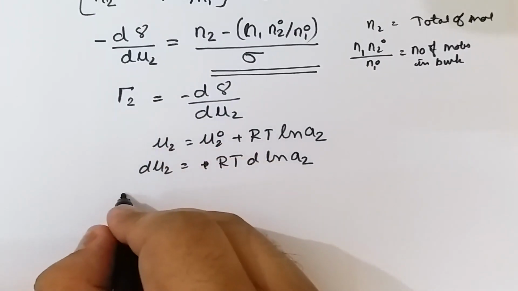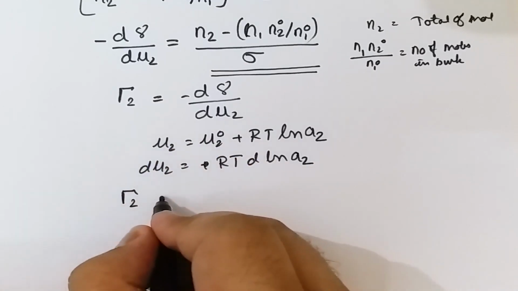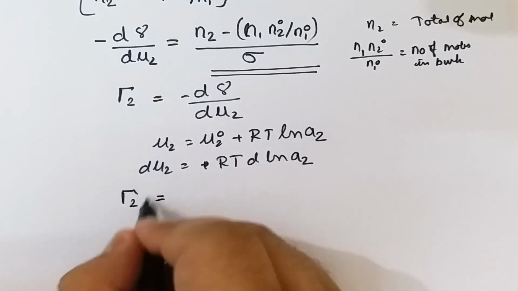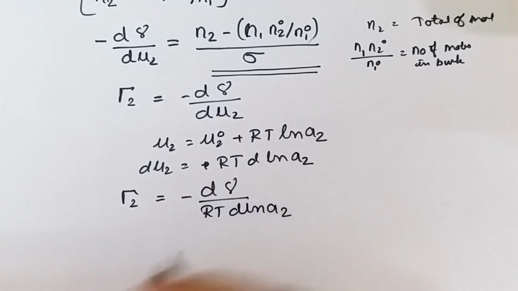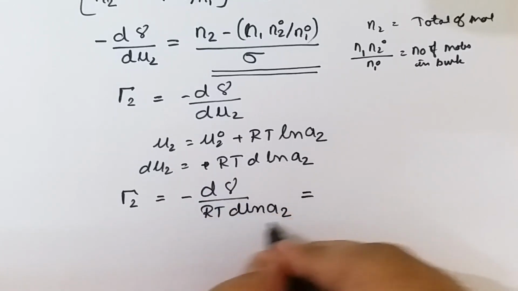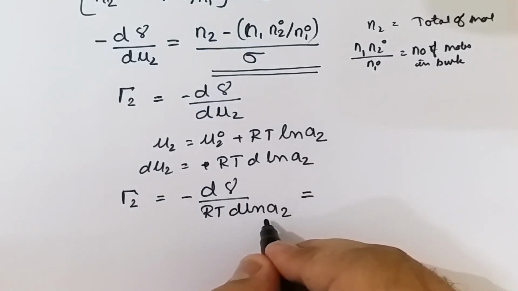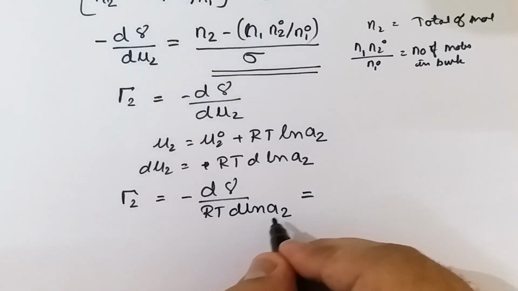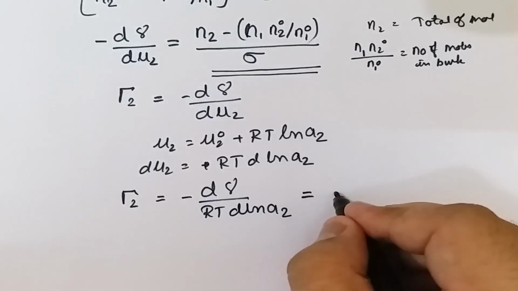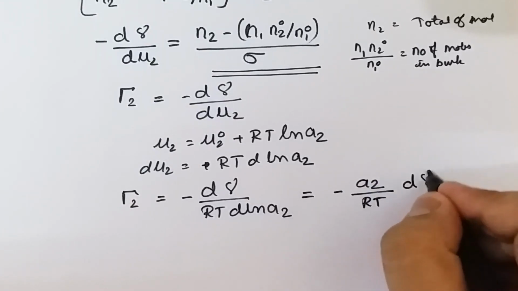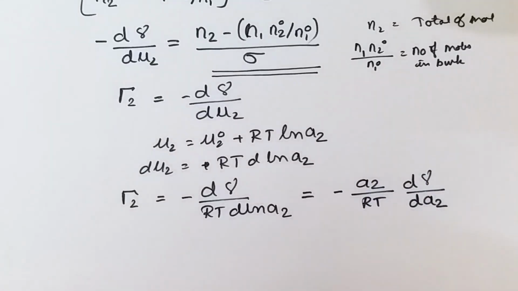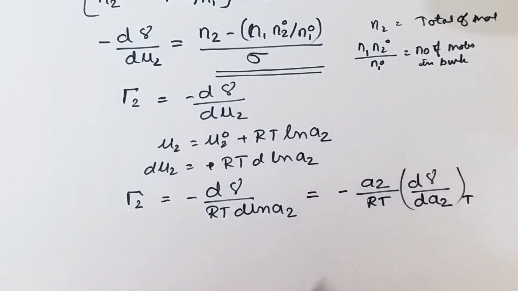We can substitute this in the above expression, and hence capital gamma 2, the surface excess, will be equal to minus d gamma upon RT d ln A2. We know that d ln A2 can be written as dA2 by A2, and hence I will have minus A2 by RT into d gamma upon dA2, at constant temperature.